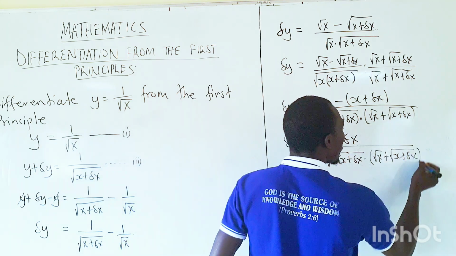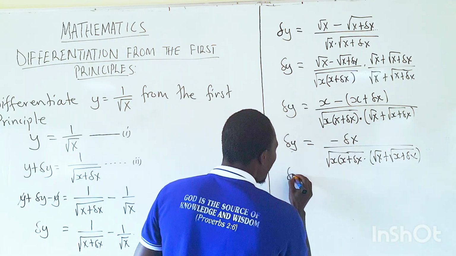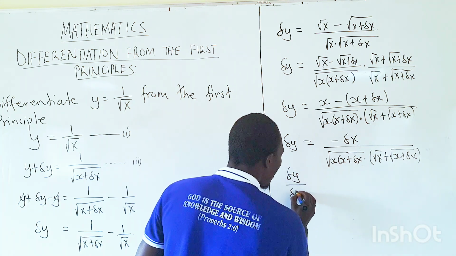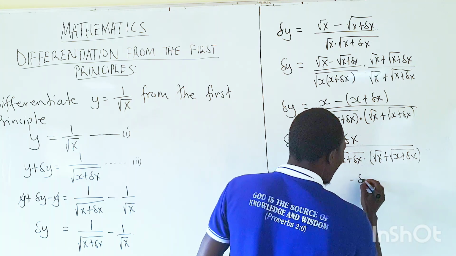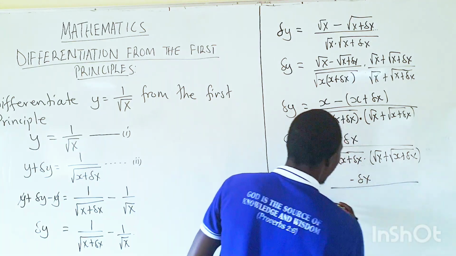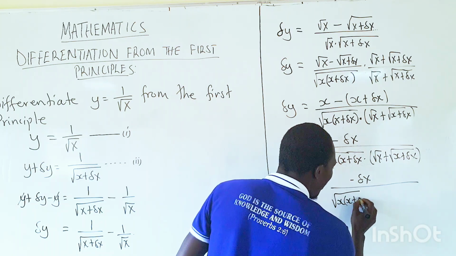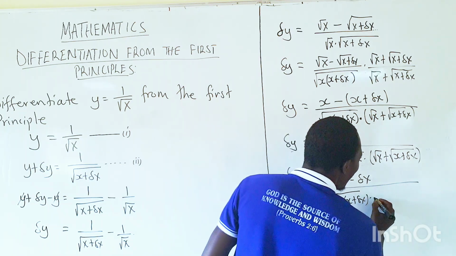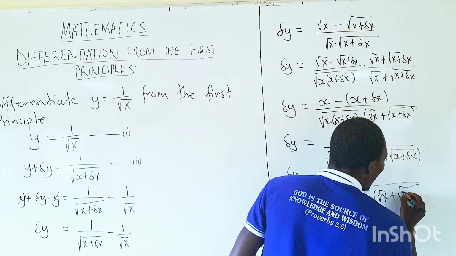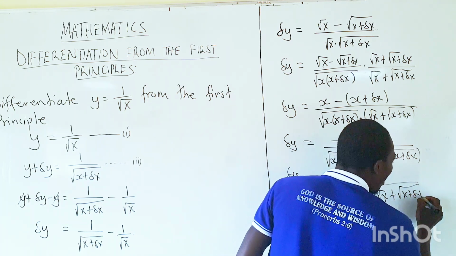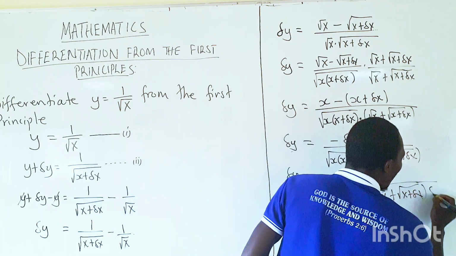When we divide through by delta x on both sides, we shall have delta y over delta x is equals to negative delta x all over root 2x into 2x plus delta x times in bracket root 2x plus root 2x plus delta x, divided by delta x.